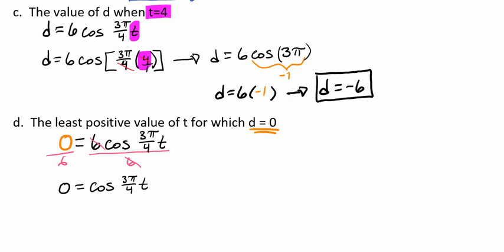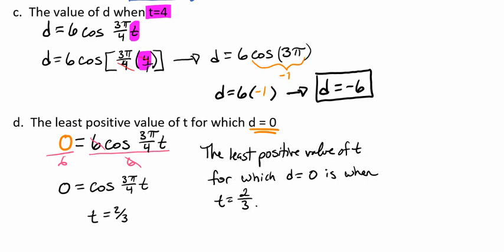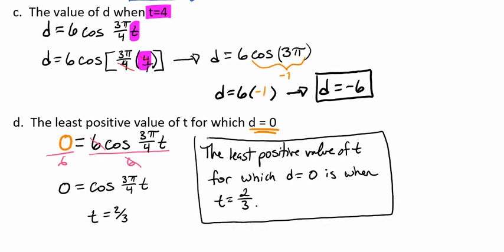So our t value is going to equal 2/3. And so the least positive value of t for which d equals 0 is 2/3. And we're finished.